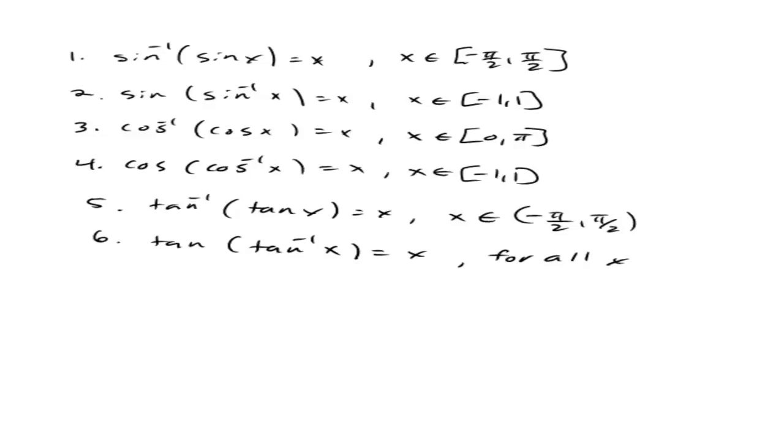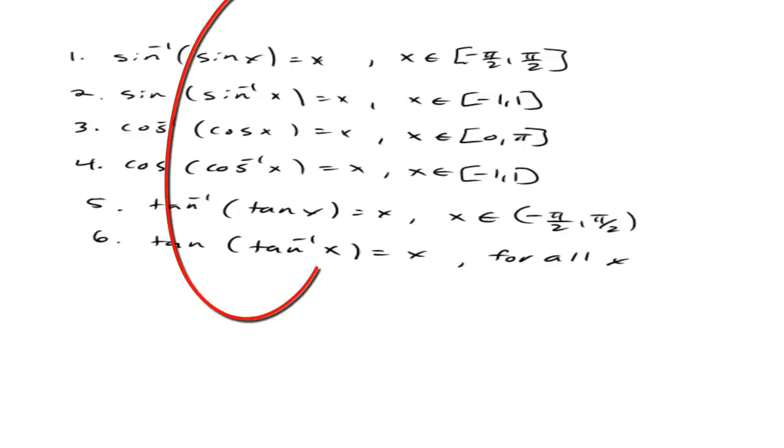Just to give you a heads up, if you wanted to memorize these easily, you should already know the domain and range of the inverse functions and the original functions. When I refer to the original function, I'm talking about the restrictions on the original functions to make them one-to-one.